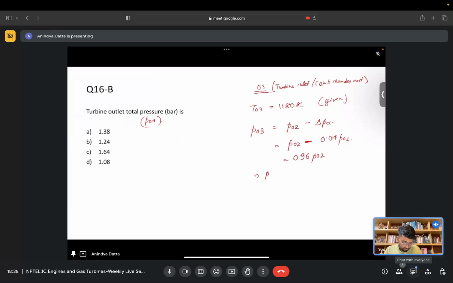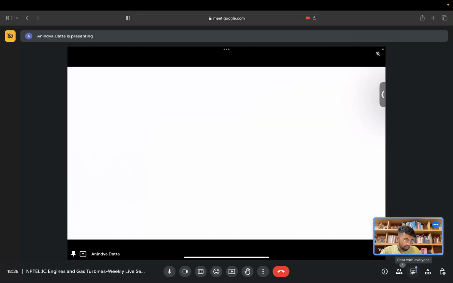So P03 will come out as 3.715 bar. Okay, now we know this. Next, what we need to know is the pressure at the outlet of the turbine.